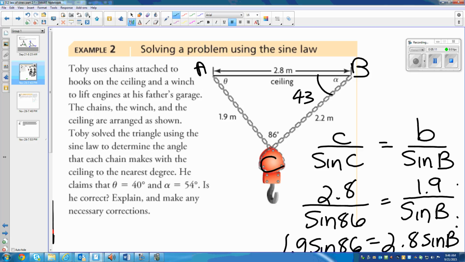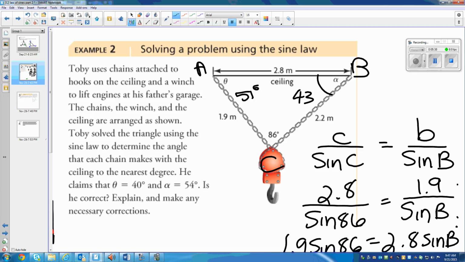Or as Reese in the back is saying, 180 minus 86 minus 43 gives us angle theta to be 51 degrees. Okay? Is this okay? Good. This is half the battle, knowing how to use sine law. We didn't have to do diagrams, right? The diagram was set up for us.